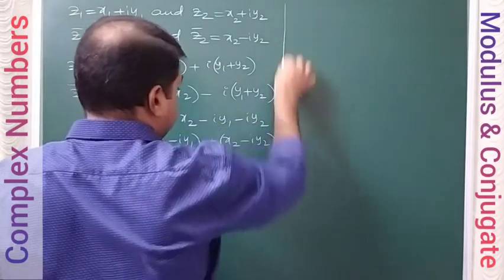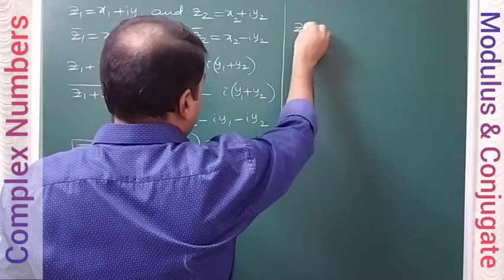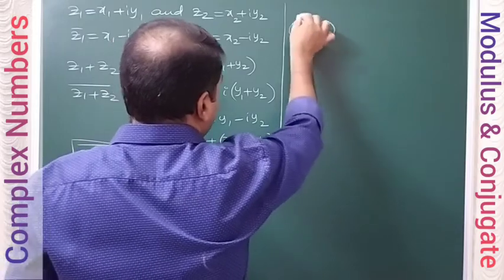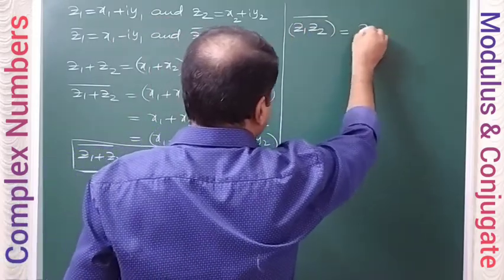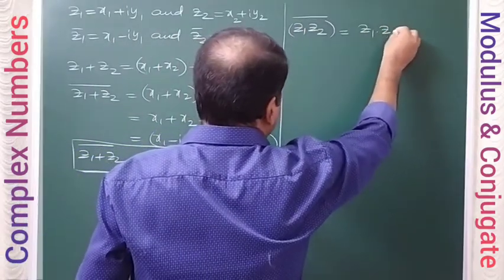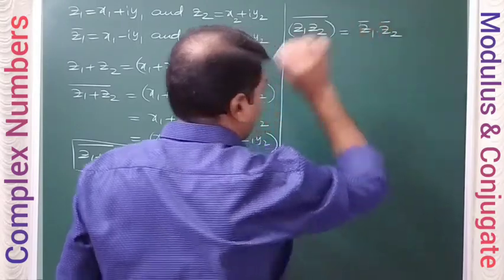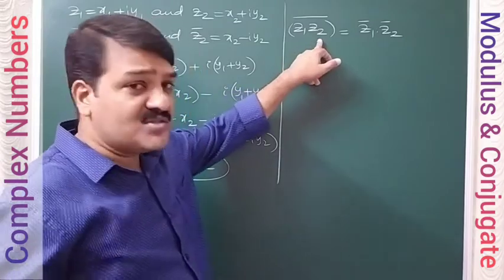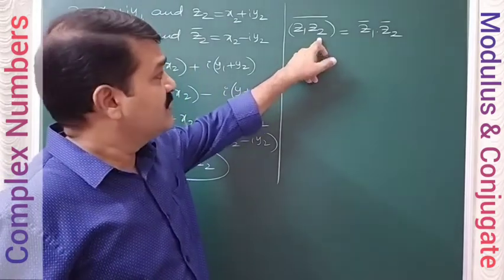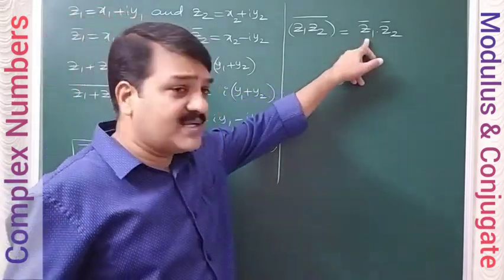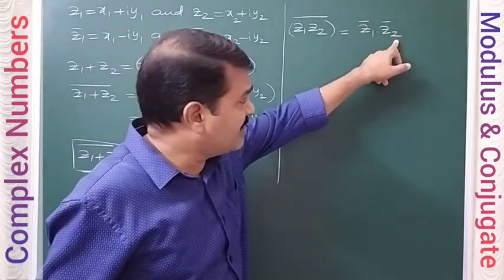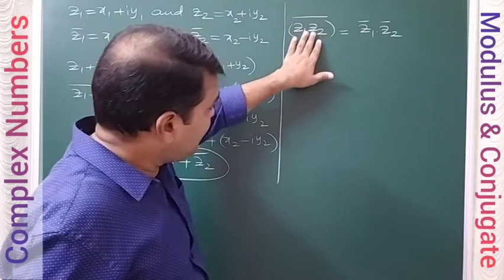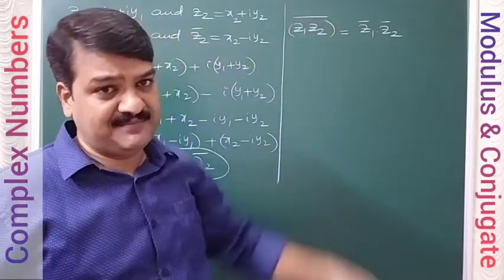Similarly, same like this, we can actually prove that (z1 into z2) whole bar is same as z1 bar into z2 bar. The product of two complex numbers conjugate if you want, you can take separately conjugate of first complex number, second complex number, multiply both. That will be same as multiplying and taking conjugate.